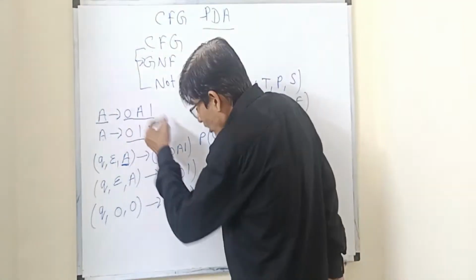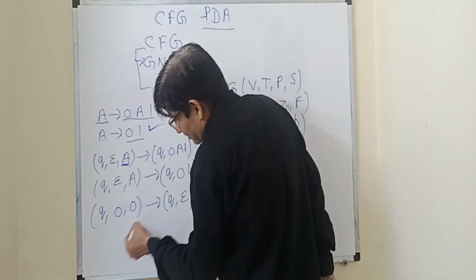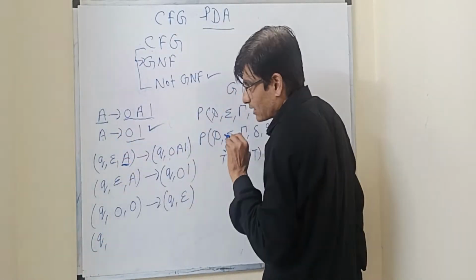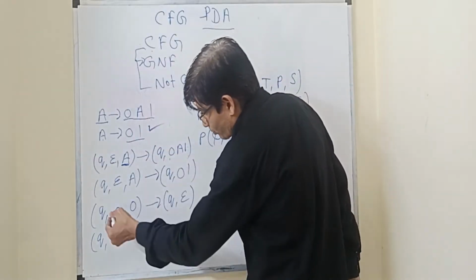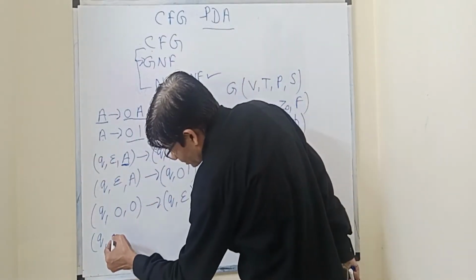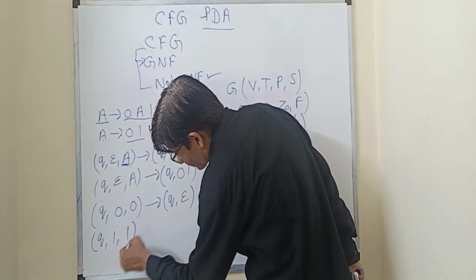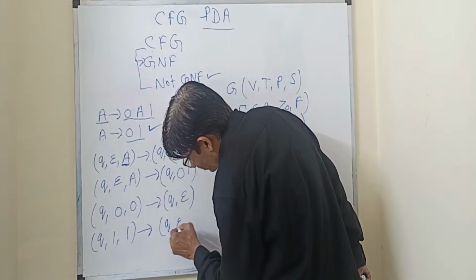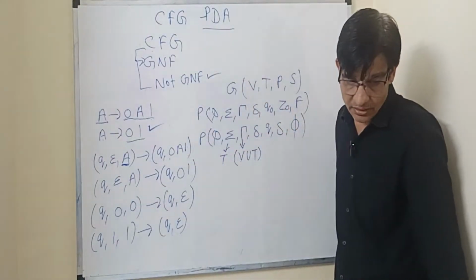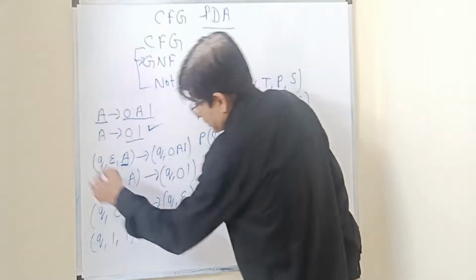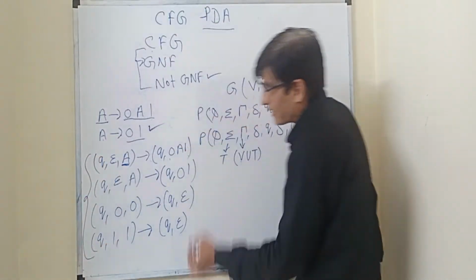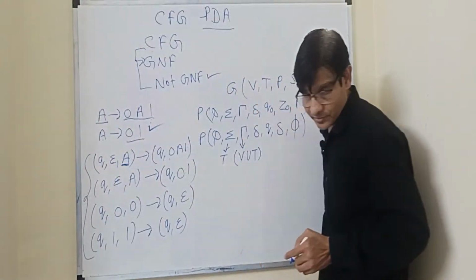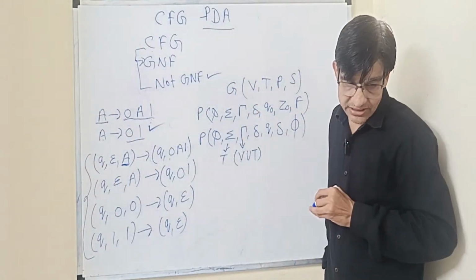For all input symbols we will write the production like this. Again, there are only two terminals, 0 and 1, so for both terminals I will write the same rule. So now these four transitions I have written for the PDA equivalent to this grammar. I hope it is very clear.